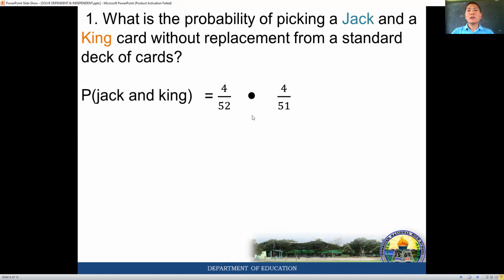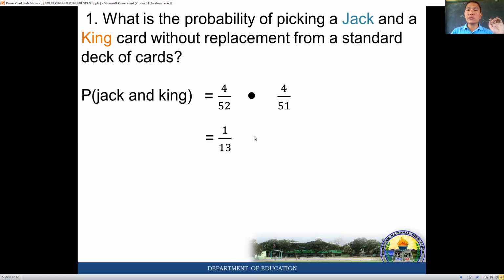So again, to solve this, you can express first to the lowest term the fraction 4 over 52, by dividing both the numerator and the denominator by their GCF. So 4 over 52 in the lowest term is 1 over 13. So we divide both of this by 4. 4 divided by 4 is 1, and 52 divided by 4 is 13.